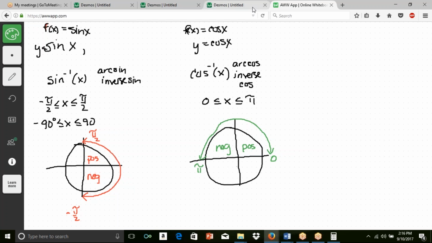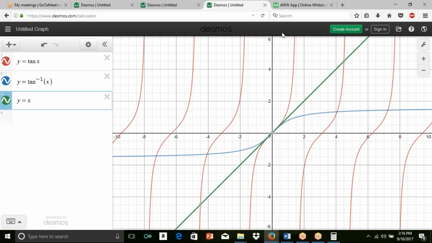And then we have the very last one in Desmos again, which I've already graphed, which is tan.